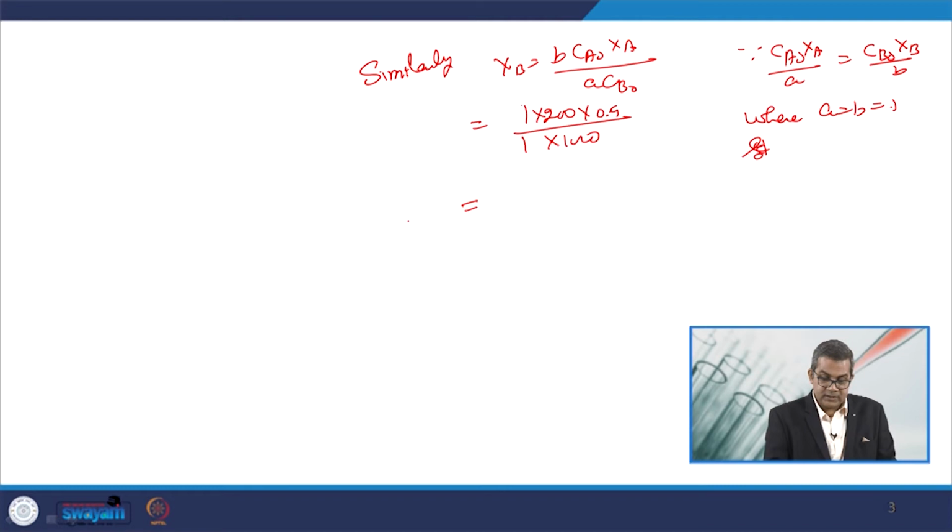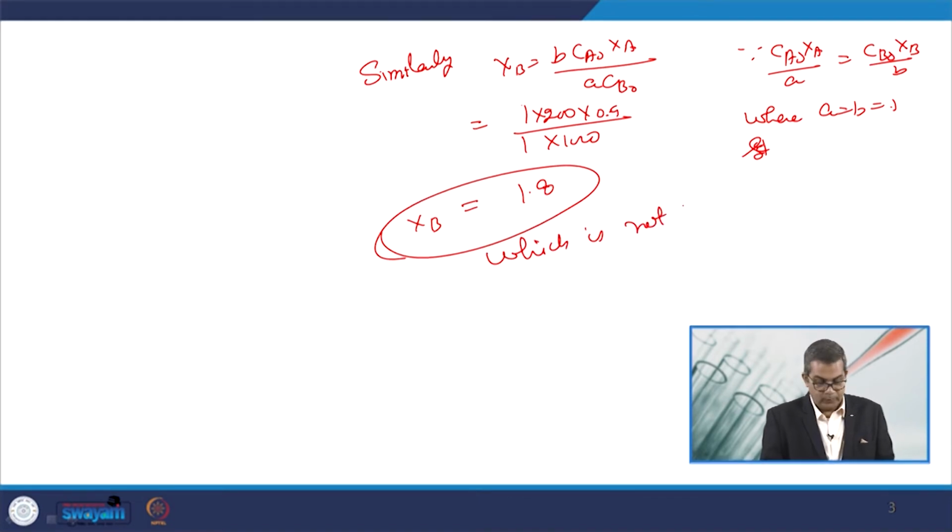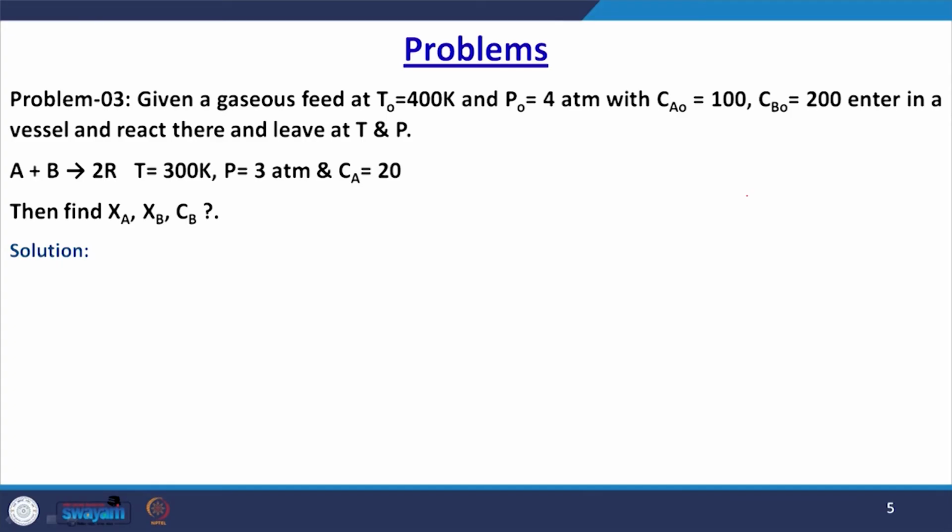In that case XB is equal to 1.8, which is not at all possible. So this is the answer to this one. Now let us take problem number 3.